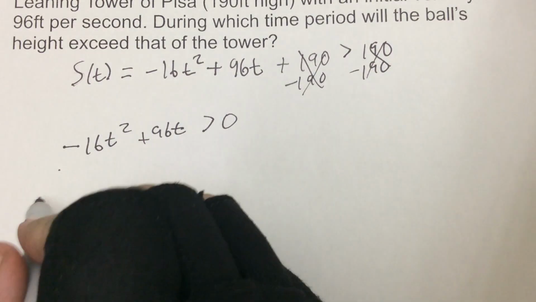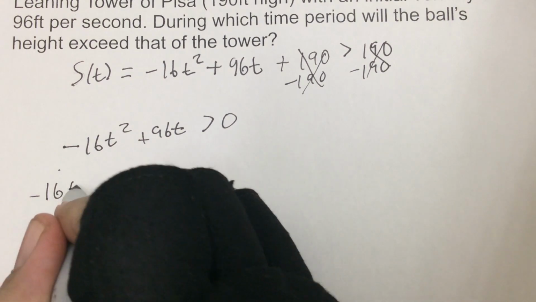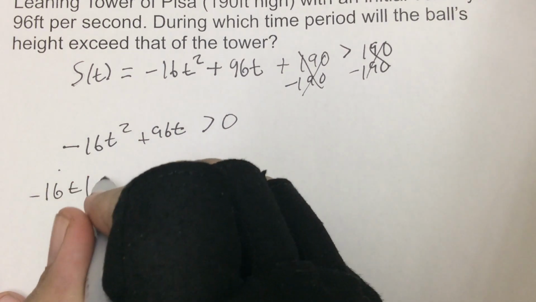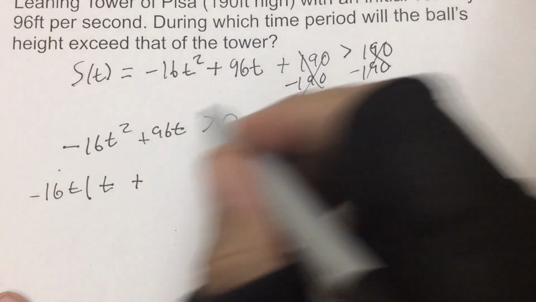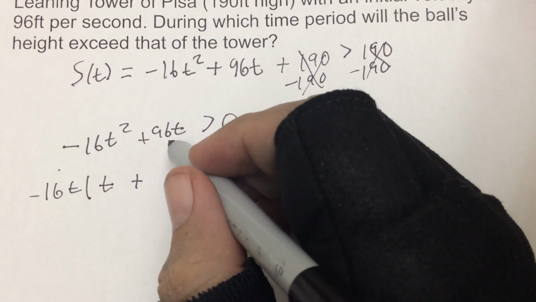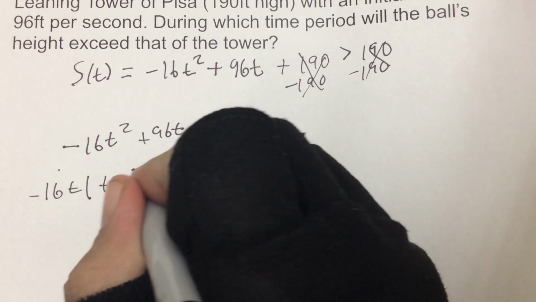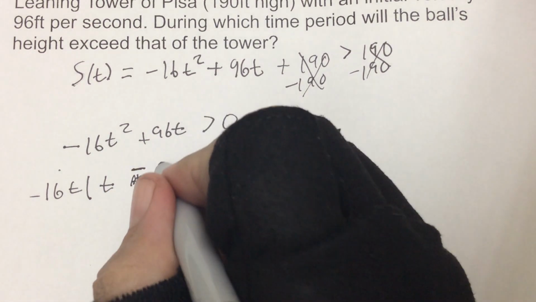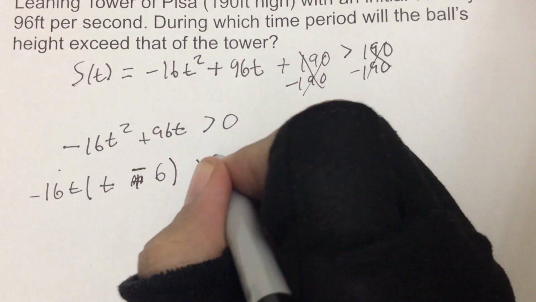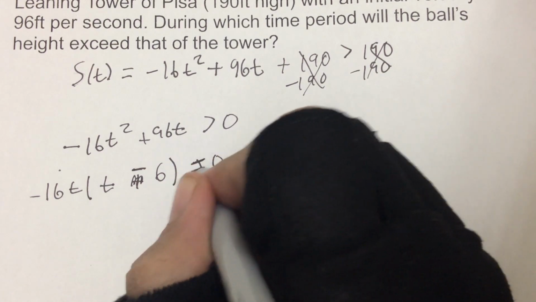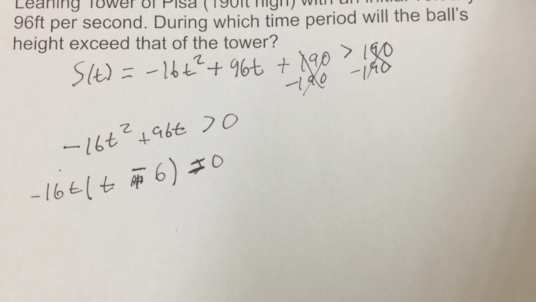So if we factor that, we could pull a negative 16t out. And so we would have t, and there are 6 16s that go into 96. And this should be a minus if we're pulling the minus out, sorry. But minus 6. Greater than 0, which we're actually going to say just equal to 0, sorry, because we're going to solve this.